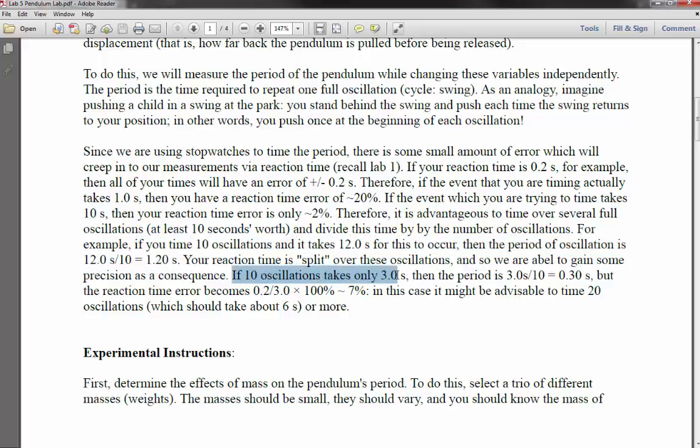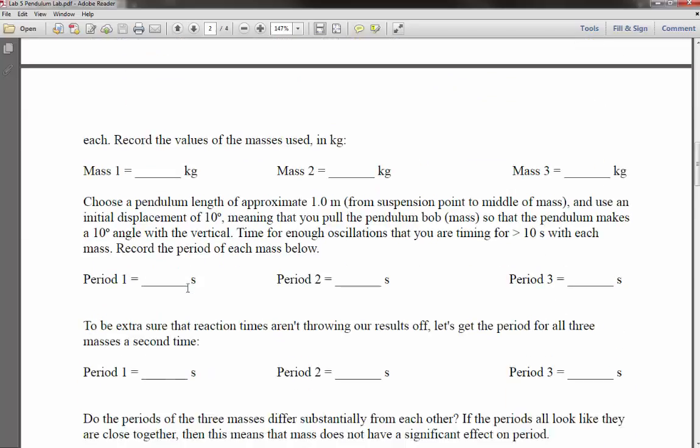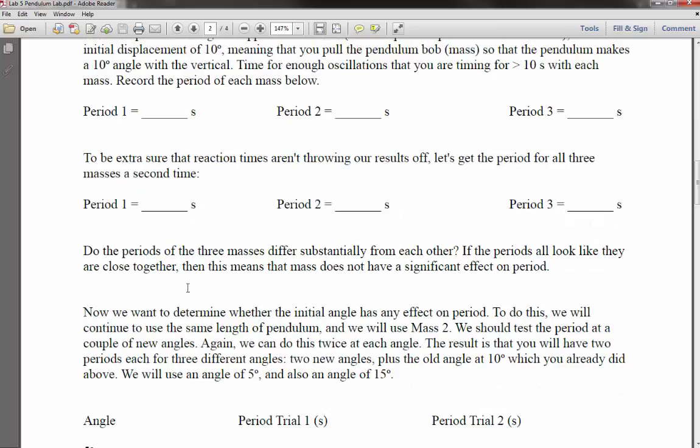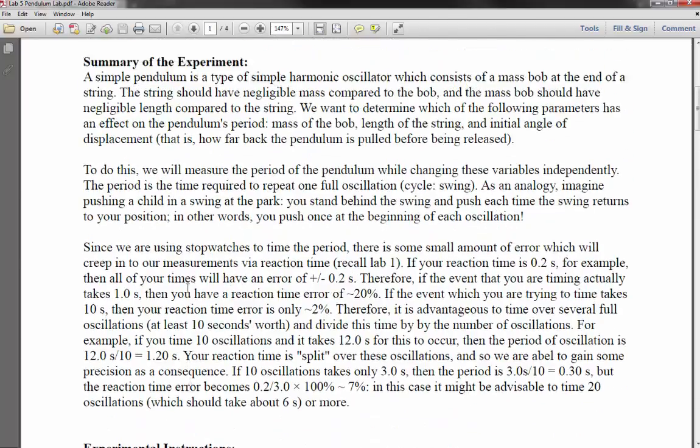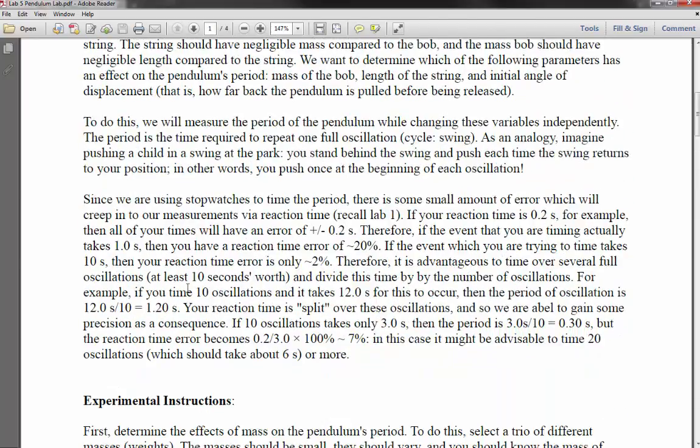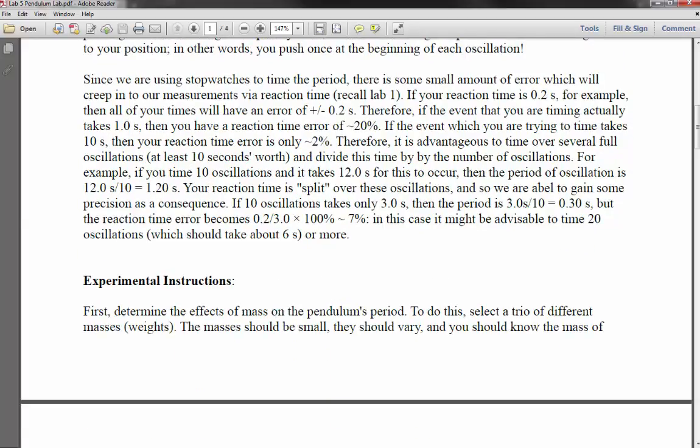If 10 oscillations only takes 3 seconds, then the period is 3 seconds divided by 10. Okay, just from that example alone, you can see that there's a pattern here. And the pattern is take the time and divide by the number of oscillations that happen in that amount of time, and you get the period.